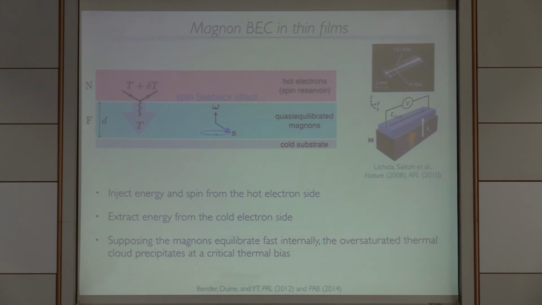So this is condensate turned on in the steady state, not in the pulse fashion, in the steady state, simply by sending heat current through a magnetic film sandwiched between two different metals.